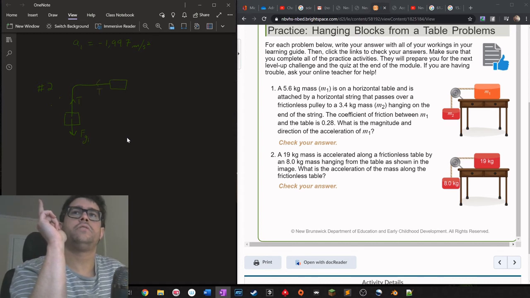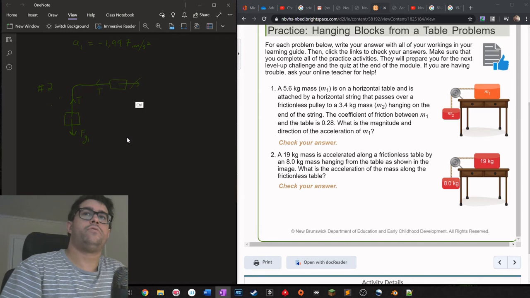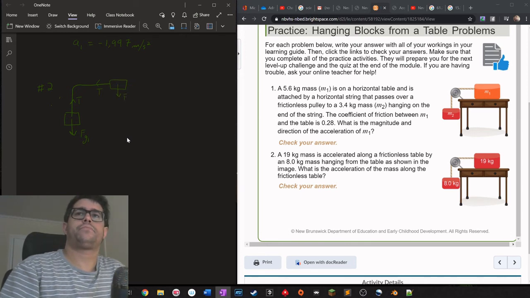There's a tension here. We have no friction, so we don't need to draw it at all. There is Fg, which we will call Fg2, and there is a normal force.